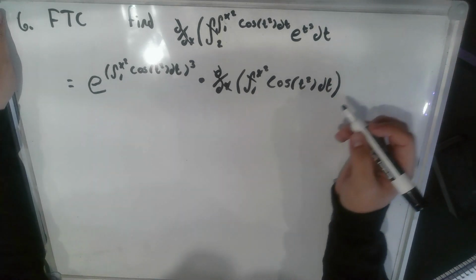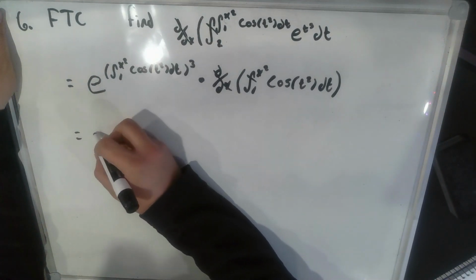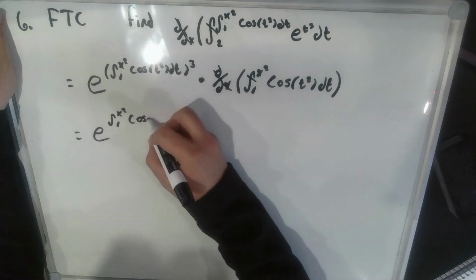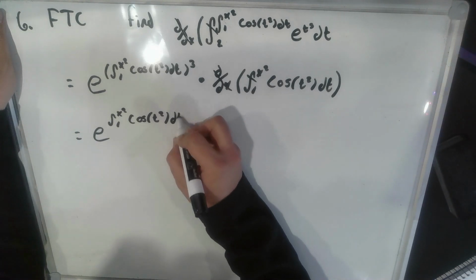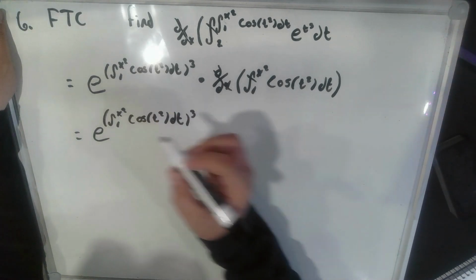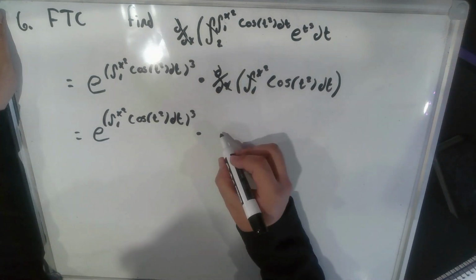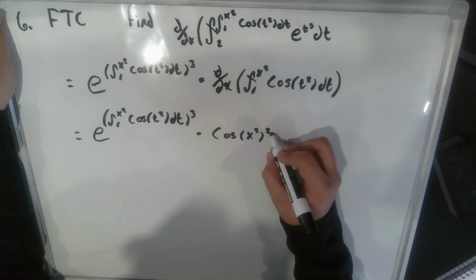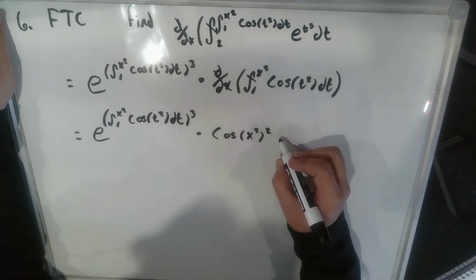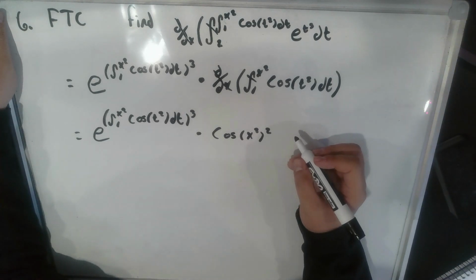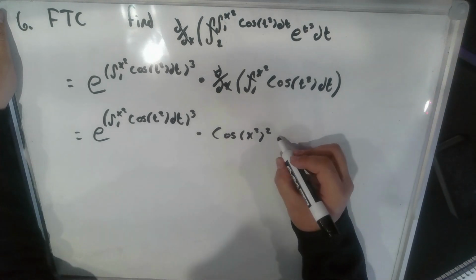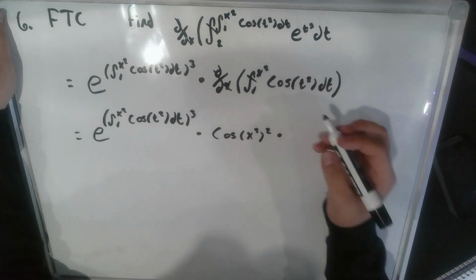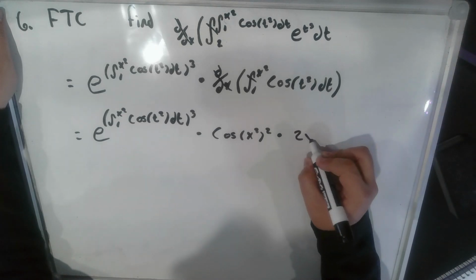And then you need to multiply it by the upper limit again. So this would become e again, the integral from 1 to x squared of cos t squared dt cubed, times cos, instead of t, x squared, squared again, and then times the derivative of the upper limit, which is x squared, and that derivative of x squared is just 2x.